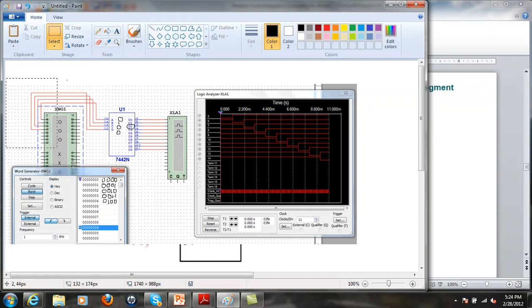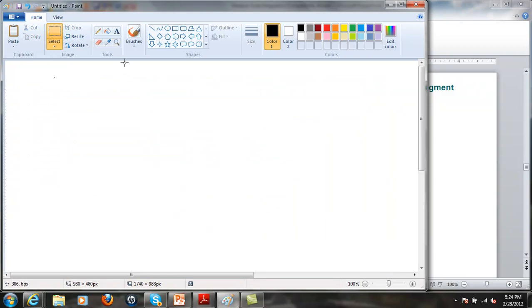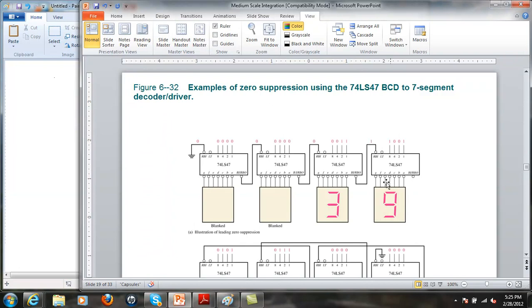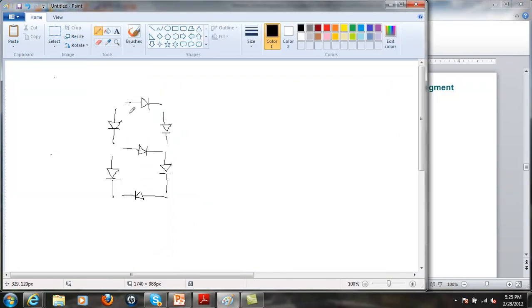How a 7-segment display works. In a 7-segment display, you have 7 LEDs. Okay, so this is my 7-segment display. This would be the top LED, this would be my side, and so on.